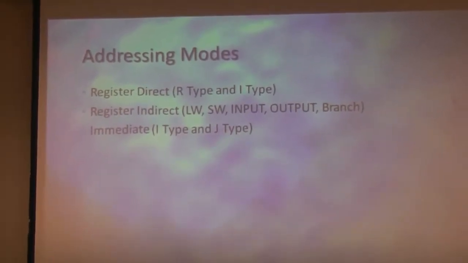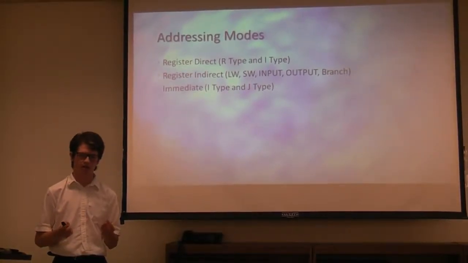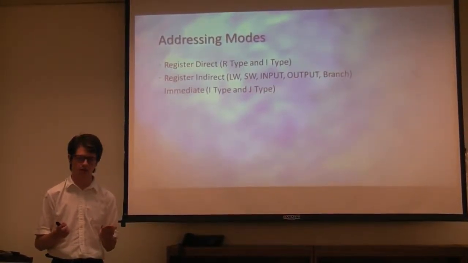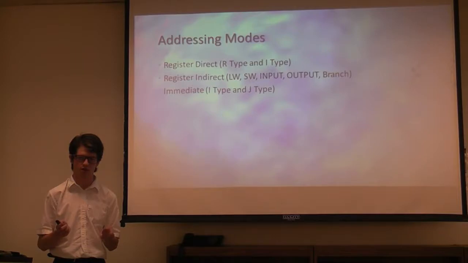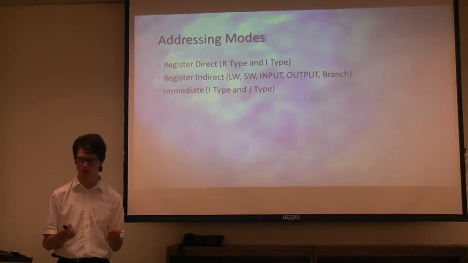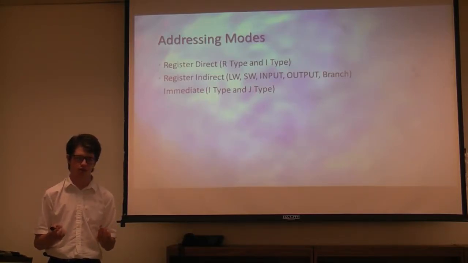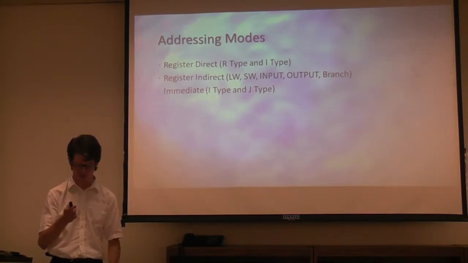We have three major addressing modes. You have register direct. It's defined by the 5-bit field in the instruction. We use it for R-type and I-type. Register indirect, which is used mostly for load words, store words, branches, and immediate operands, which are defined in I-type and J-type instructions.